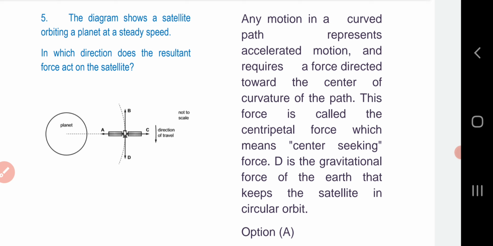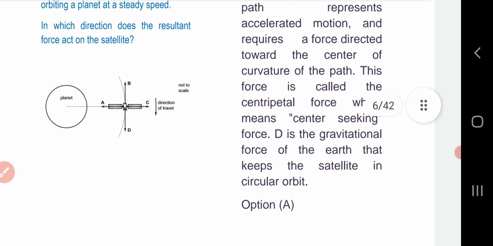This force is called the centripetal force, which means center seeking force. D is the gravitational force of the earth that keeps the satellite in the circular orbit. Option A is the answer.